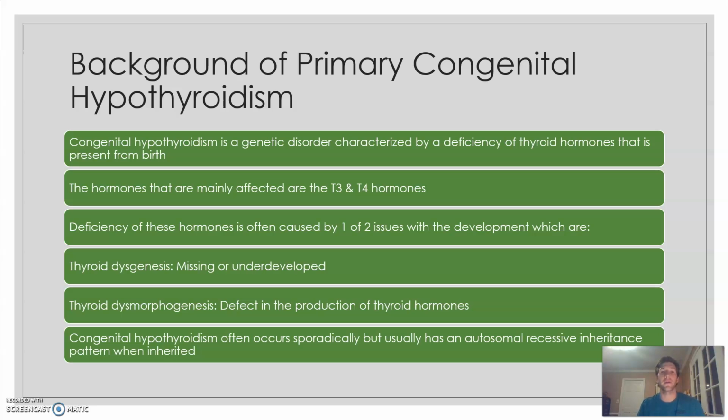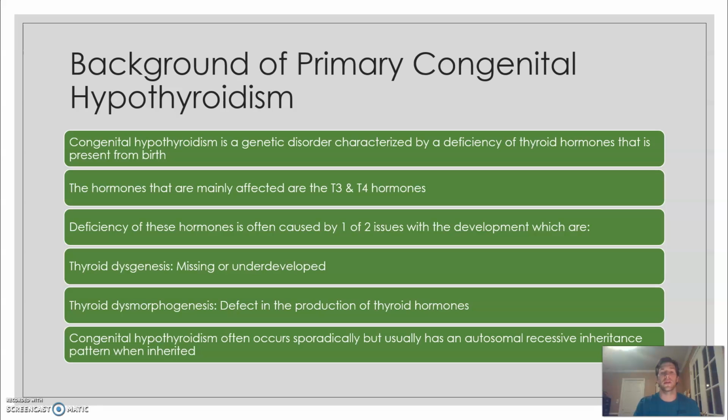A little bit of background about primary congenital hypothyroidism: it's a genetic disorder characterized by a deficiency of the two thyroid hormones that we just talked about. This can be either an upregulation or downregulation and not a lack of these hormones. The main word we're going to focus on is congenital, which means present at birth or passed down.